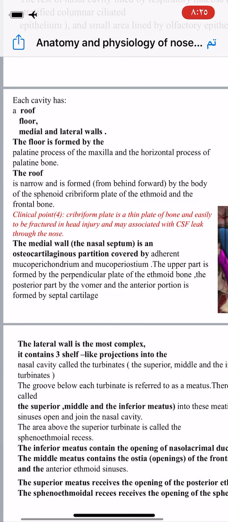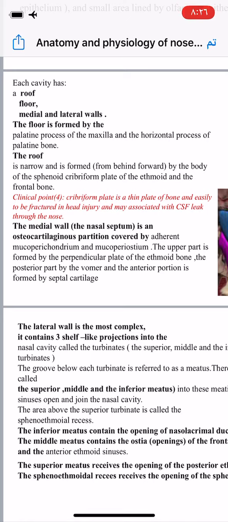The floor is formed by the palatine process of maxilla and the horizontal plate of palatine bone. The roof is narrow and is formed from behind forward by the body of the sphenoid, the cribriform plate of ethmoid, and the frontal bone.